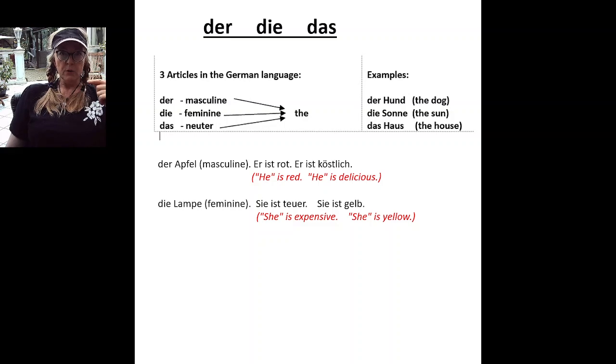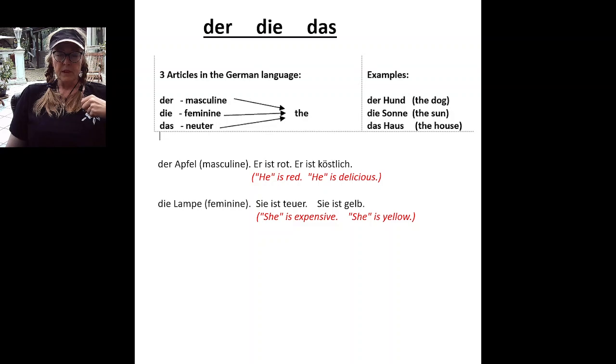We say der Hund even if it is a female dog. We say die Sonne, which is the feminine article. It's the feminine gender for the word, because obviously the sun doesn't have a gender. It's neither female nor male. And we have das Haus, das being the neuter article.